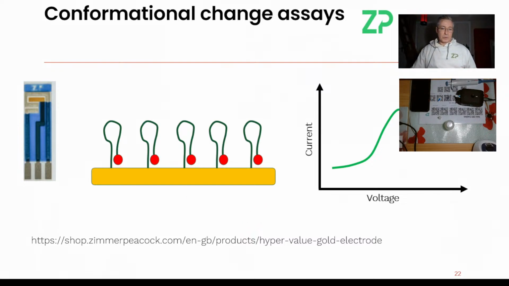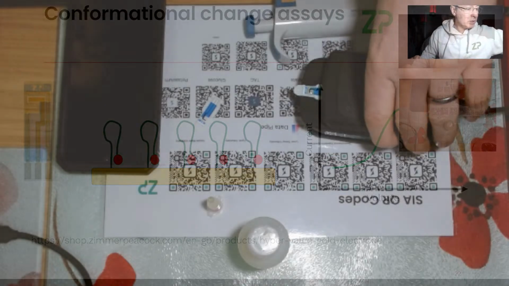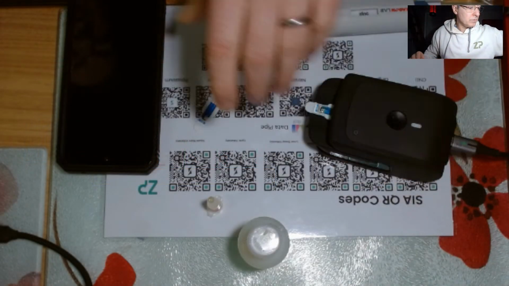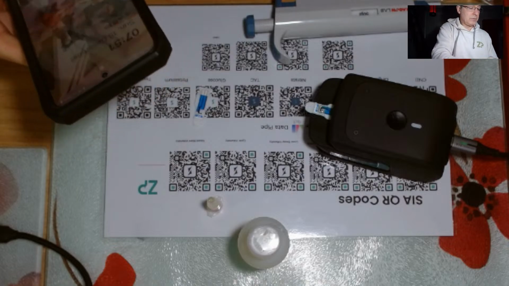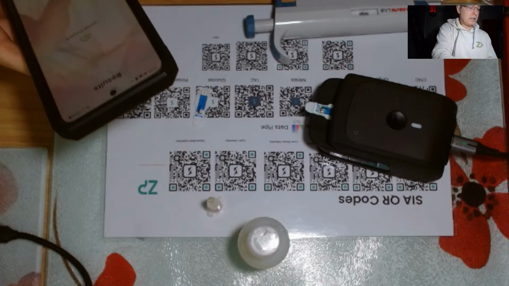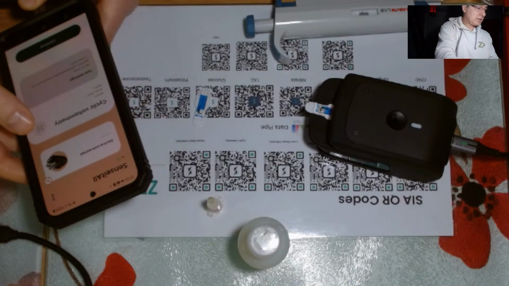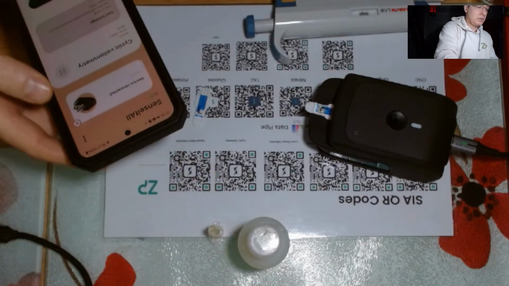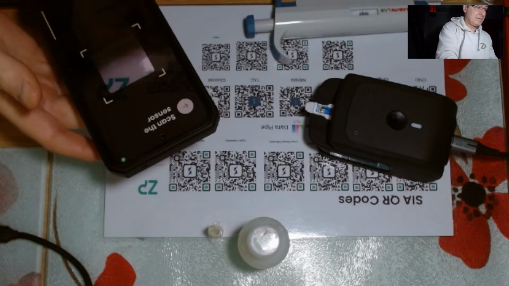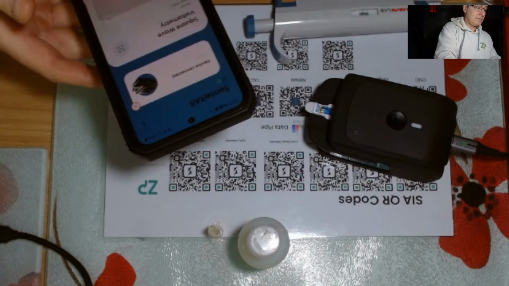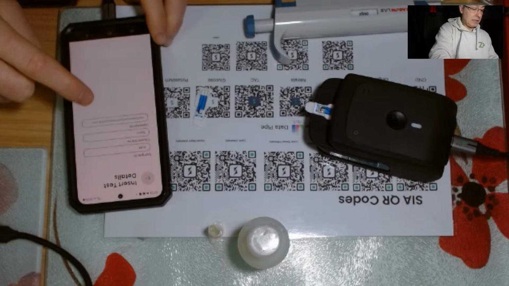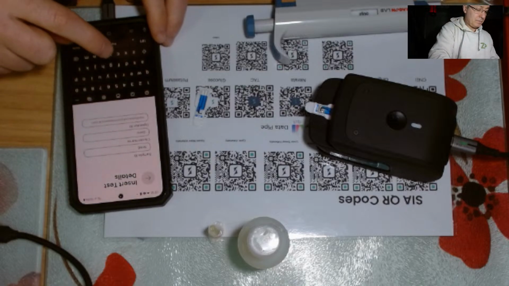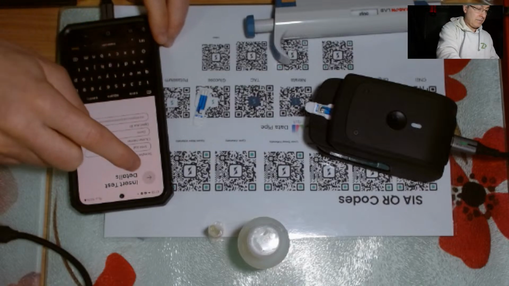I suppose it's worth saying that a lot of the time at ZP, in fact, here's my electrode again. I'm just going to go into my app. I just want to scan this particular QR code. So now I'm into square wave voltammetry, SQV.